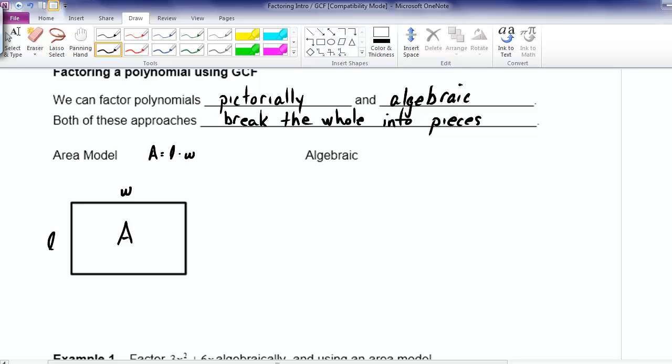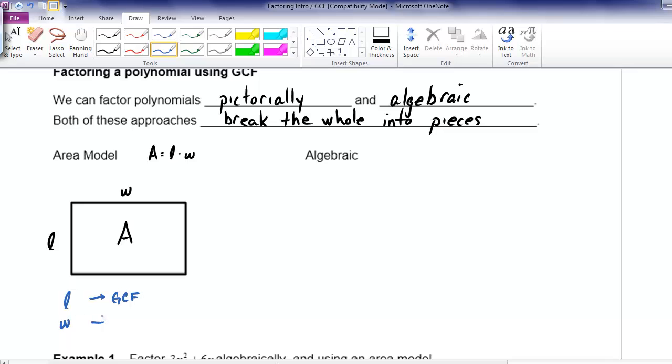And in the area model of factoring using the GCF, I'm going to be consistent. Each one of L and W is a factor. It's an important piece. And I'm going to set it up the same way all the time. L is always going to be the greatest common factor.